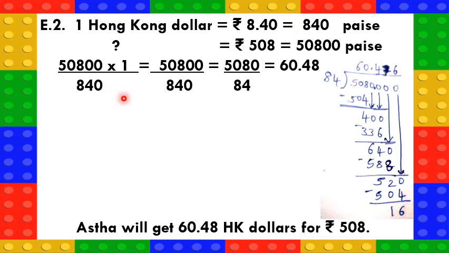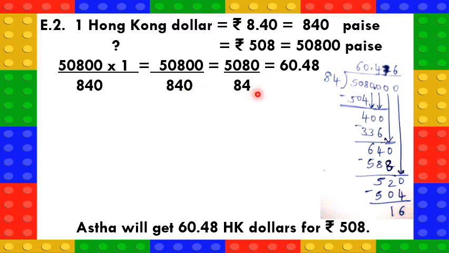We get 50,800 divided by 840. Now divide numerator and denominator by common factor 10. So we get 5,080 divided by 84. That is, last zero will be cut from both numerator as well as denominator.